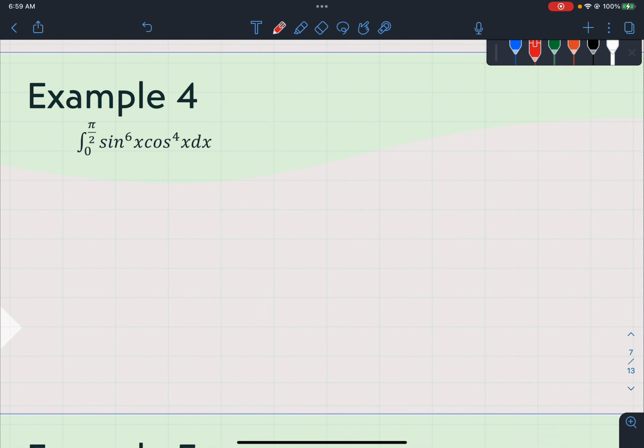Number 4. Again, x and x, so single angle. Lower limit is 0. Upper limit is pi all over 2. I'll start with 6. So 6 minus 1 is 5, minus 2 is 3, minus 2 is 1. And then for 4, minus 1 is 3, minus 2 is 1, we stop there.